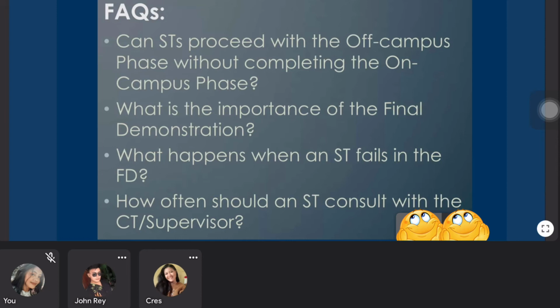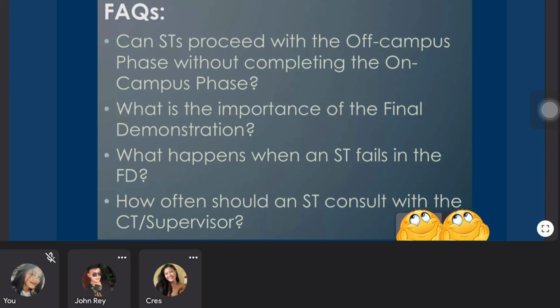The third one is, what happens when an ST fails in the final demo? For me, I think the student teacher can redemo and should do his or her best. And the fourth one, how often should an ST consult with the cooperating teacher or supervisor?